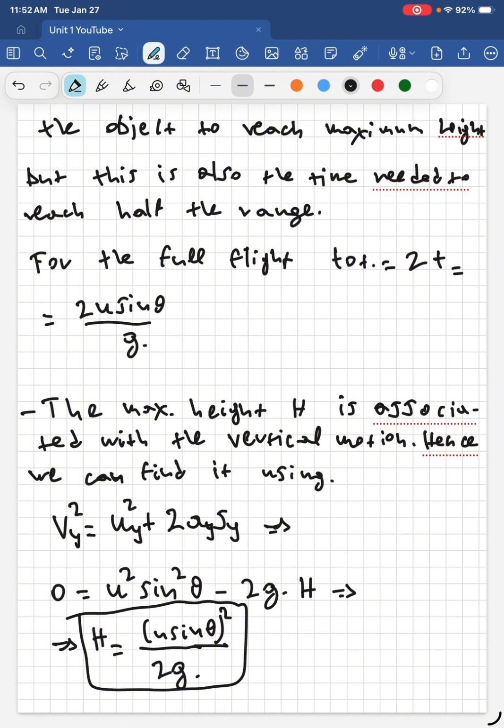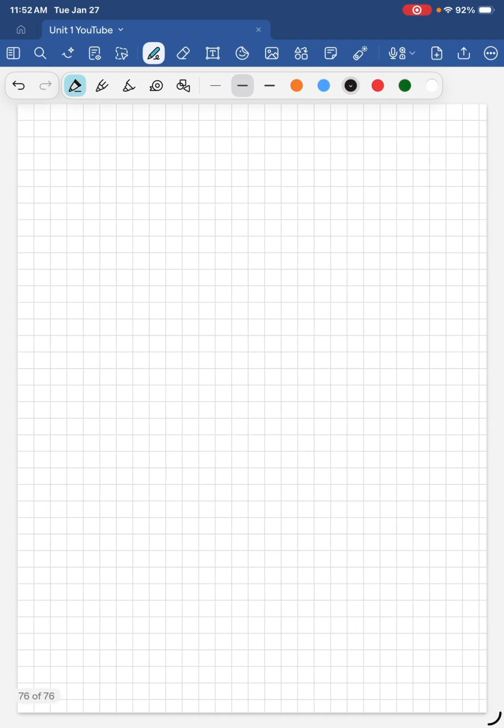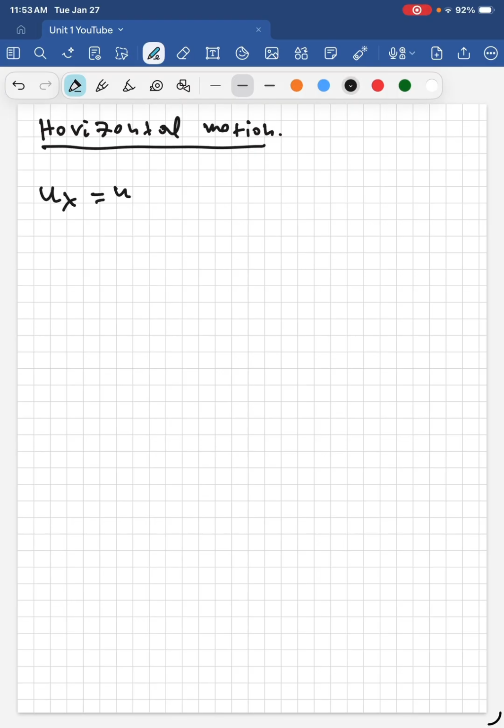Now let's go to the horizontal motion and determine the range. For the horizontal motion, we have ux, because now we are in the x-axis. Ux is u cosine theta. The time of travel is 2 times u sine theta over g.